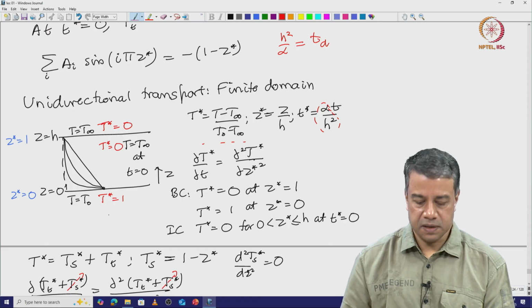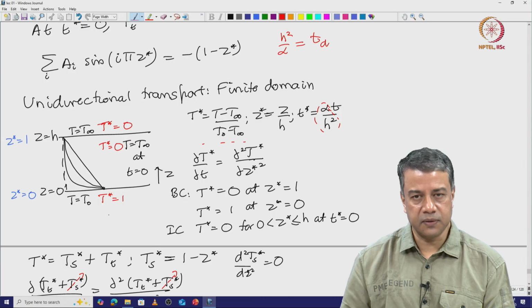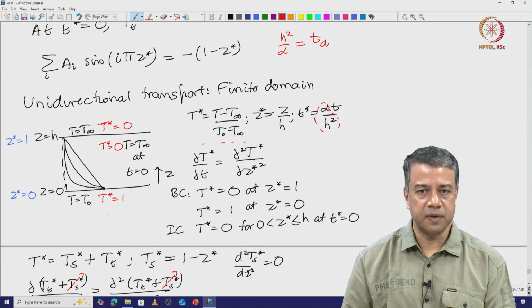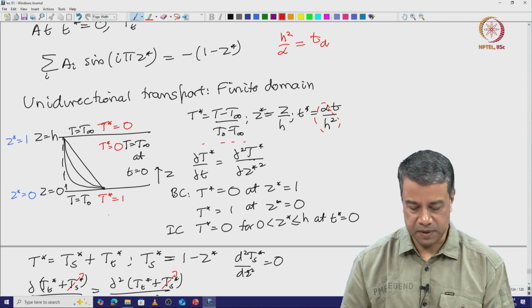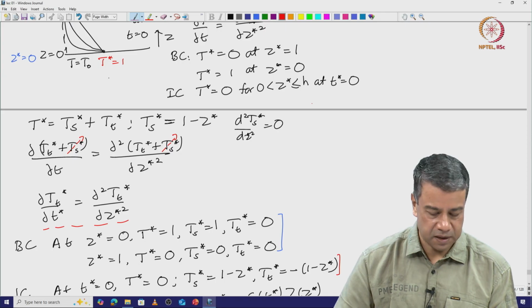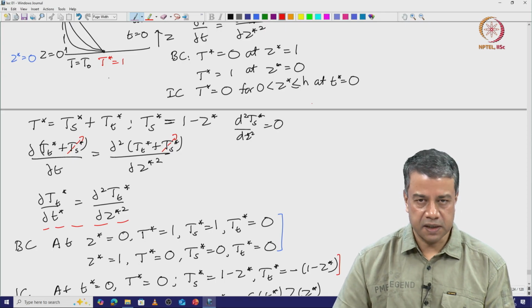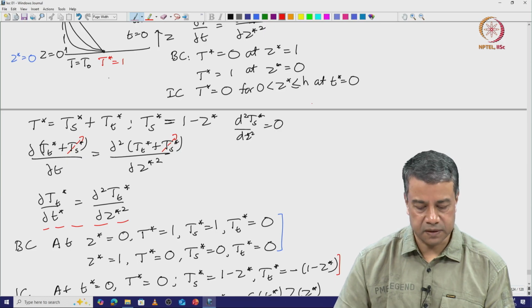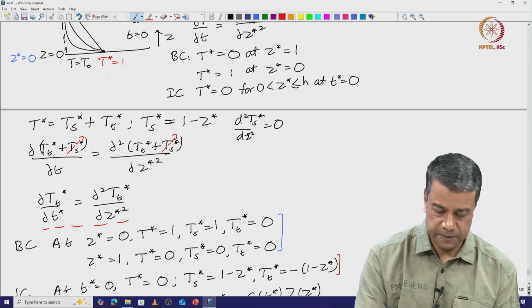Expressed in terms of this, the equation for the temperature and the boundary conditions end up being parameter free, they do not depend on any parameters. We separated the temperature into a steady plus a transient part. The steady part is a linear profile if the conductivity or the diffusivity is a constant, 1 minus z star.